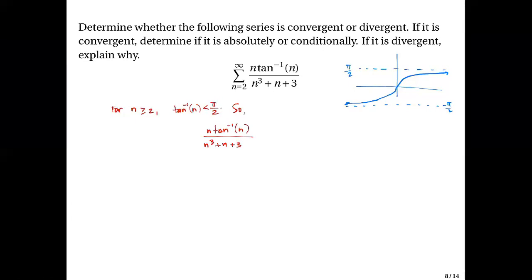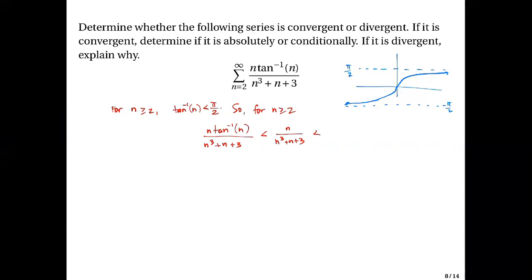So, for n greater than or equal to 2, this expression here will be less than n over n cubed plus n plus 3. And furthermore, since we are adding a positive number to the denominator, the fraction becomes smaller.